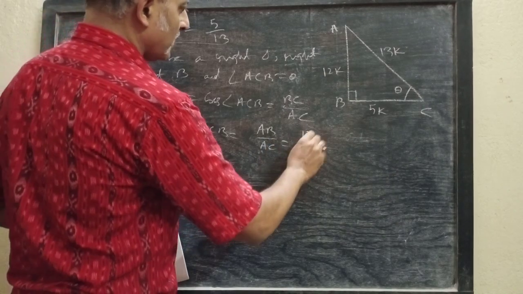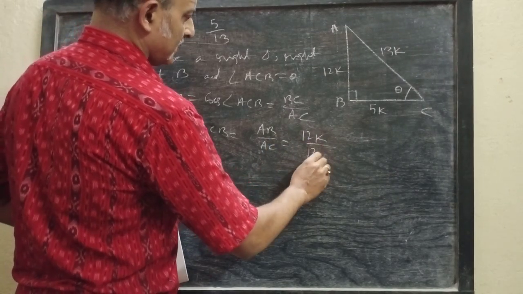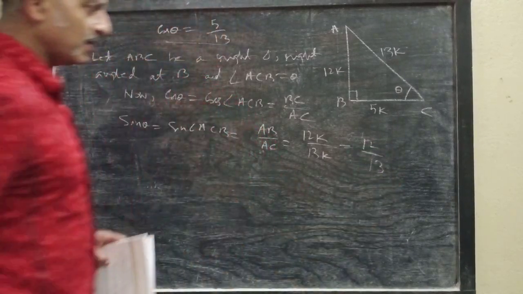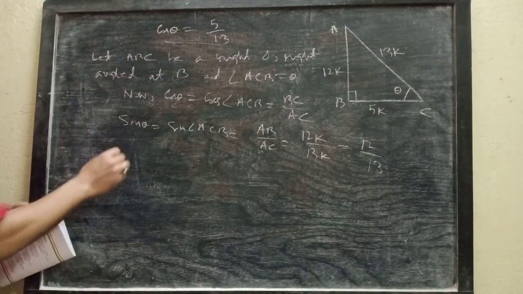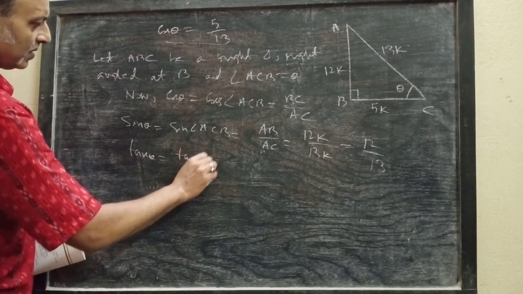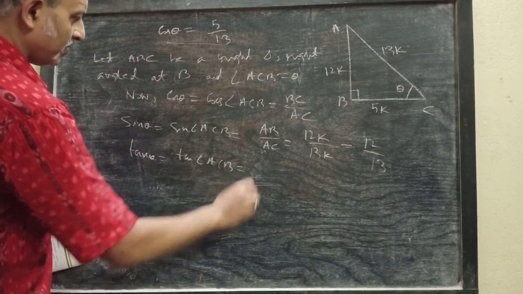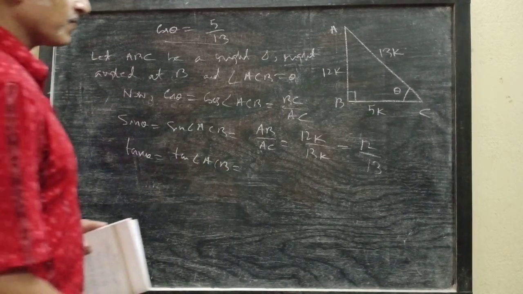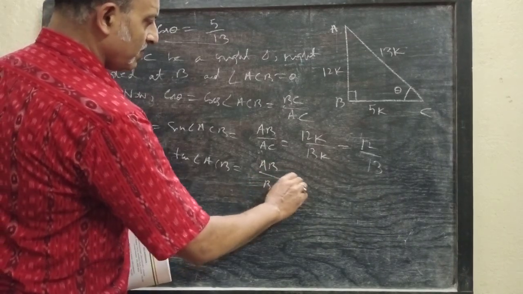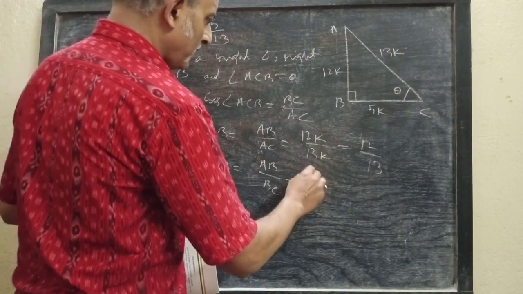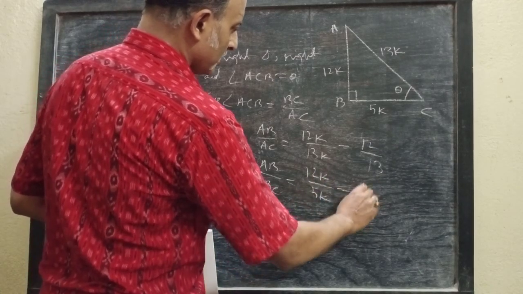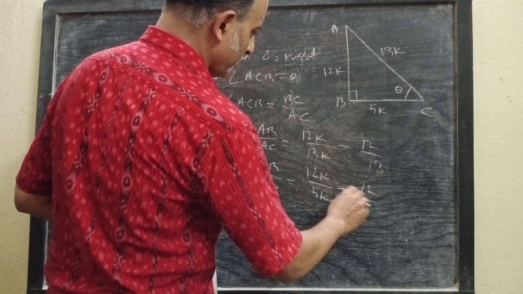Your AB is 12k, AC is 13k. So you get sin theta as 12 by 13. Then tan theta. Tan theta means tan of angle ACB. This will be AB by BC. You have AB 12k, BC 5k. So this becomes 12 by 5.